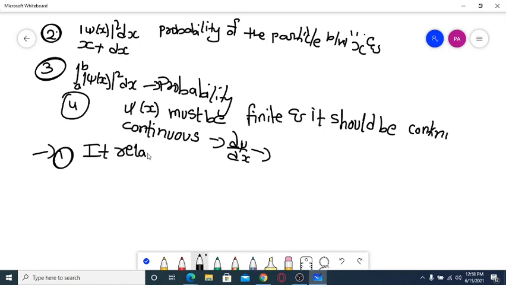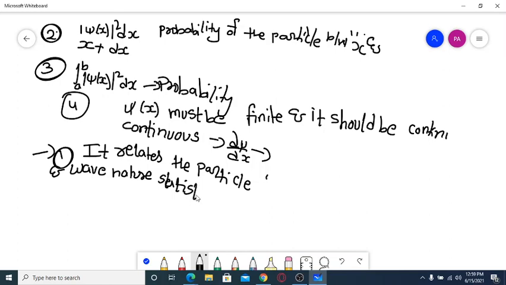It relates the particle nature and wave nature statistically. This was the significance of the wave function. By using the wave function, we can correlate the particle and wave nature statistically.